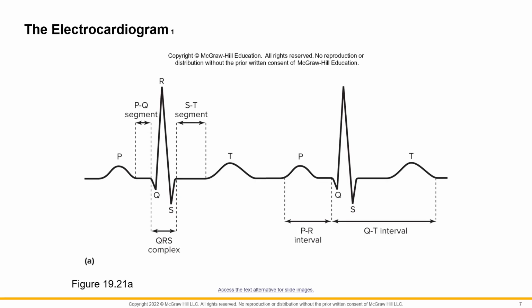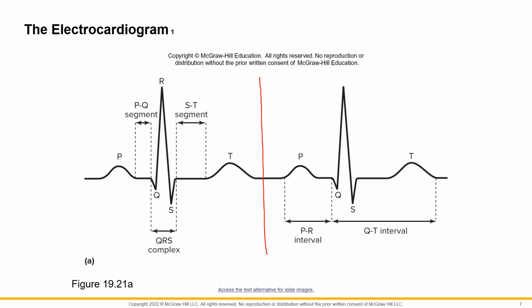So let's start with looking at two units of what you will see repeated on an electrocardiogram. So I'm going to draw a line here. So these are representing two separate cardiac cycles.